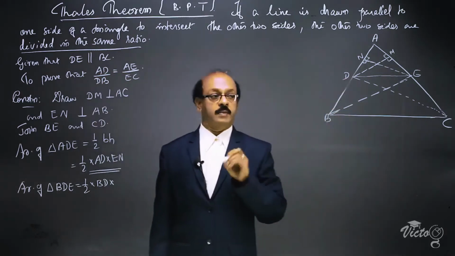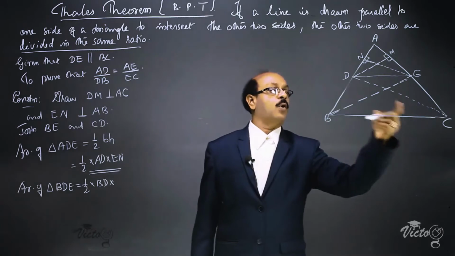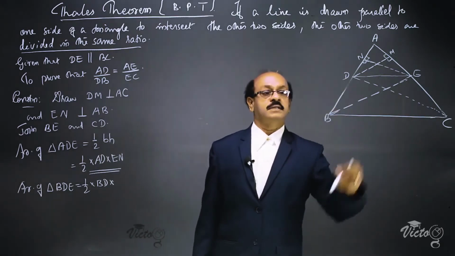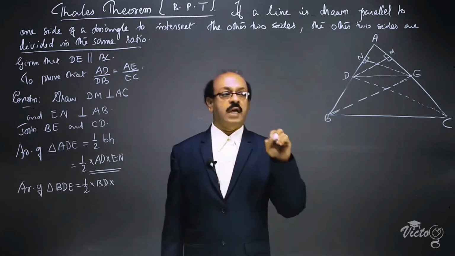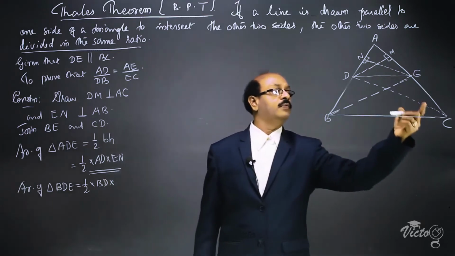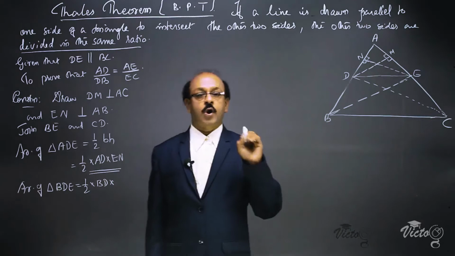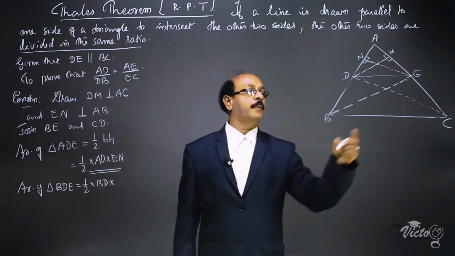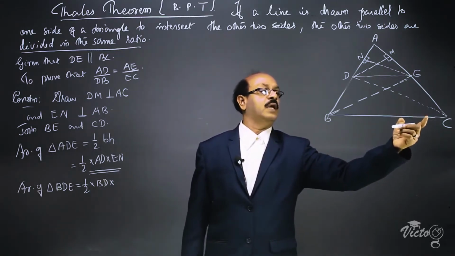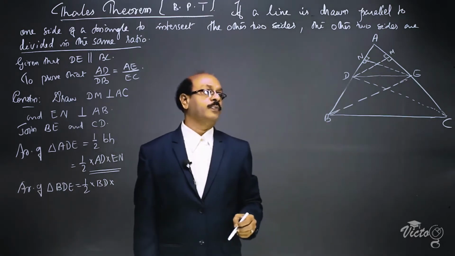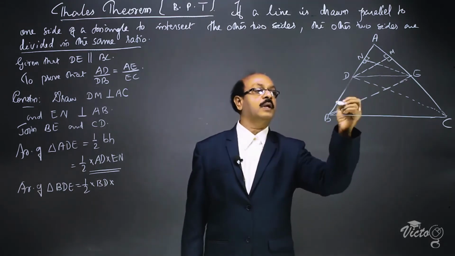BD is taken as the base. So the vertex opposite to the side BD is C. We have to take the perpendicular from this vertex C to the base BD. But it is not possible to draw a perpendicular from C to the side BD.